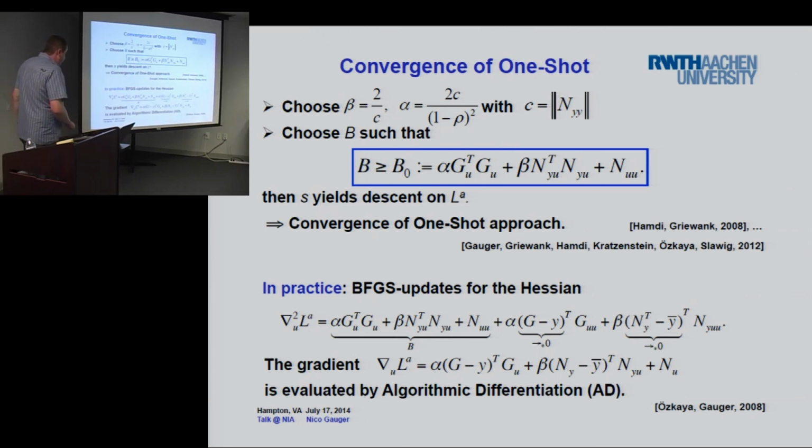So in practice, this is what I'm doing together with Emre, we evaluate the reduced gradient of the augmented Lagrangian by automatic differentiation in our schemes presented in the first part of the talk. Then I do a BFGS update of this Hessian, and therefore an update of this B, which does the job.